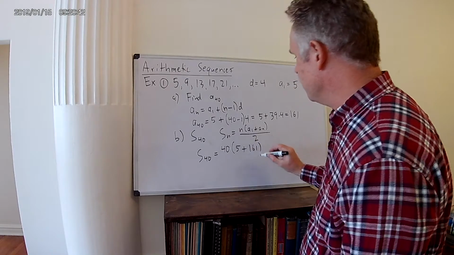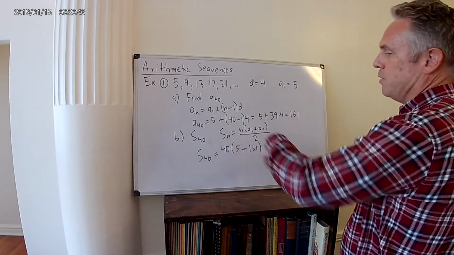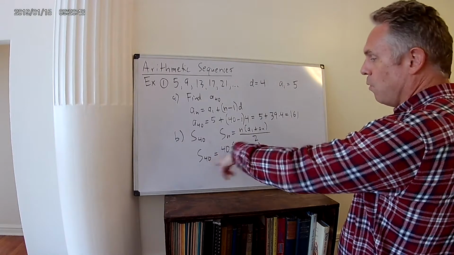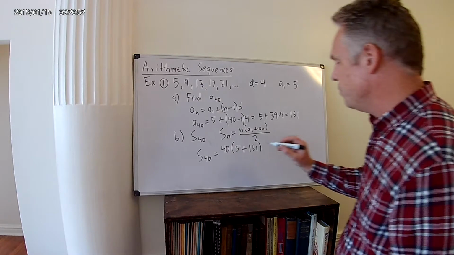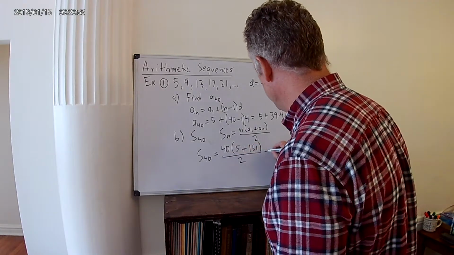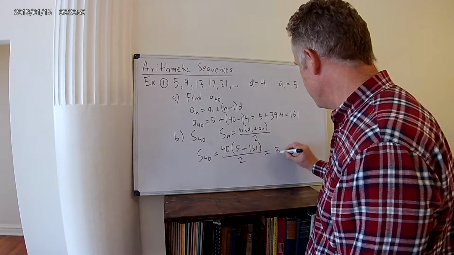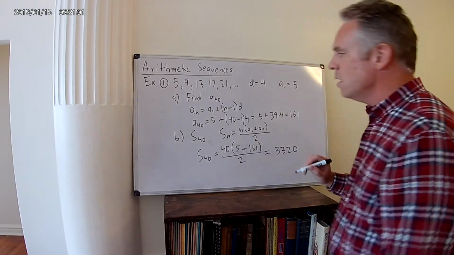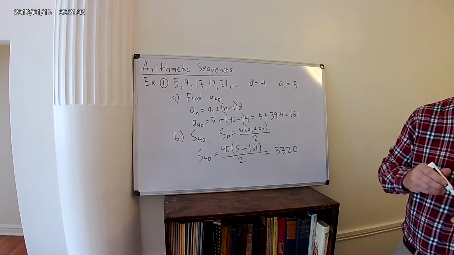So we plug in 161 for a sub n, because a sub n corresponds to s sub n. When we have s sub 40, that means we have a sub 40 here. So we plug in the 40th term of our sequence, 161. We divide all of this by 2. And if you plug this in your calculator, you should get 3,320. So this is the partial sum of the first 40 terms of this arithmetic sequence.